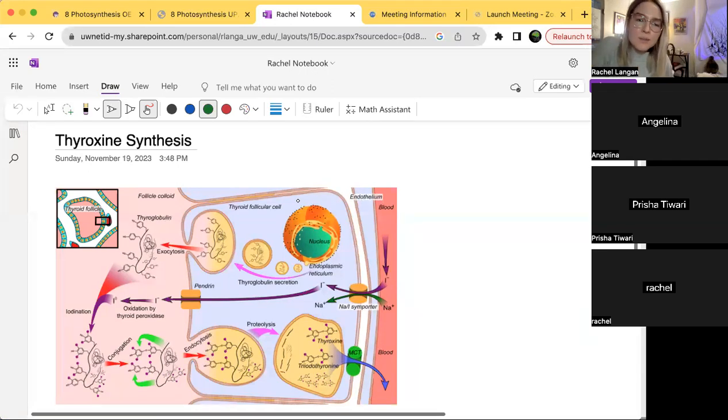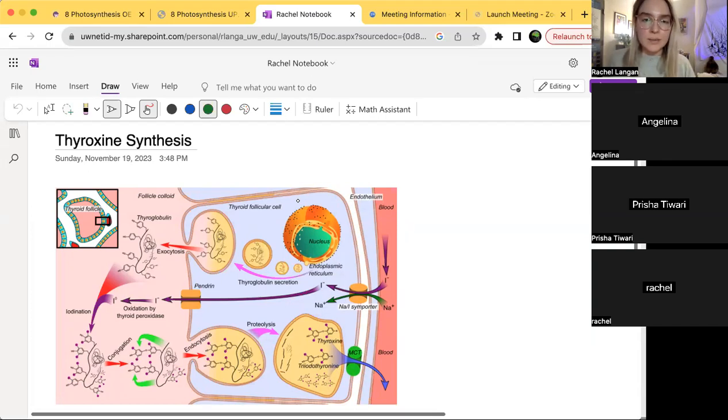Thyroxine is a hormone that, when it's secreted by the thyroid, signals to all the cells of your body to increase metabolism and other stuff. But what you need to know for the test is how thyroxine is synthesized, how it's regulated, and what happens when the regulation goes wrong and you get too much thyroxine or too little thyroxine.